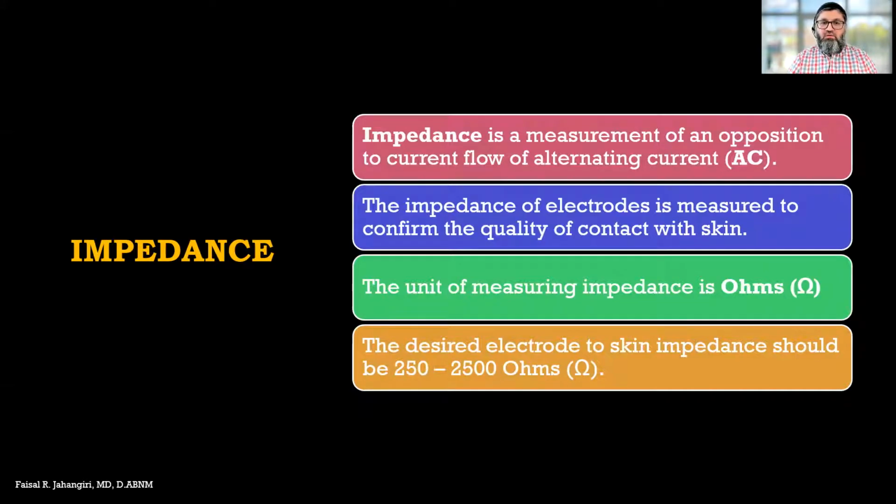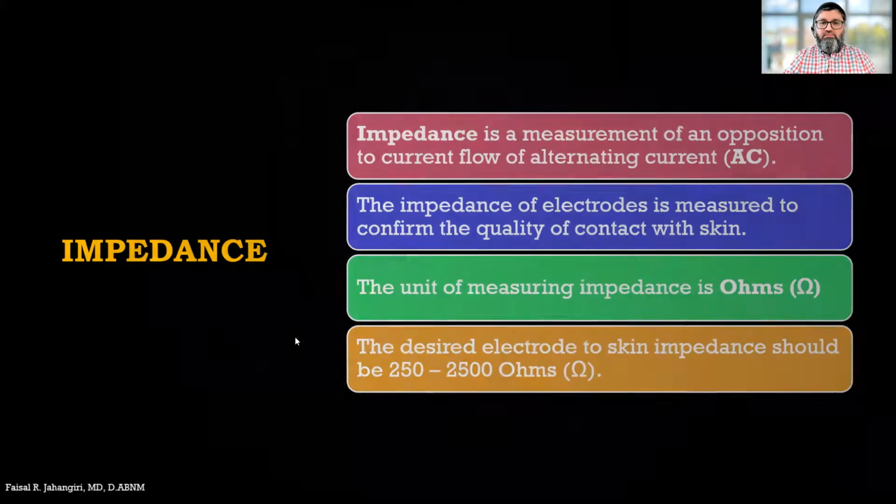So there's something wrong. And if the impedance is very high, more than 2.5 kilo ohms or 2,500 ohms, that means that the contact is very, very poor, and we need to prep the skin or place the electrode in a different way.